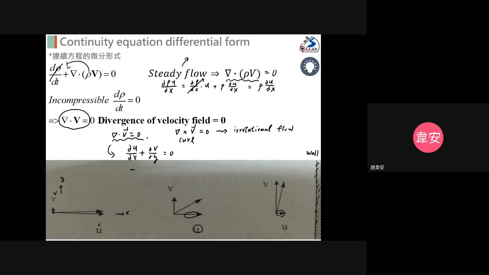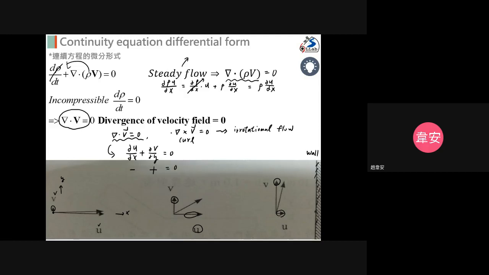But if we look at the v velocity along the y direction, it goes from small and increases a lot on the right-hand side. So this value is positive. Finally they need to balance each other and equal 0.